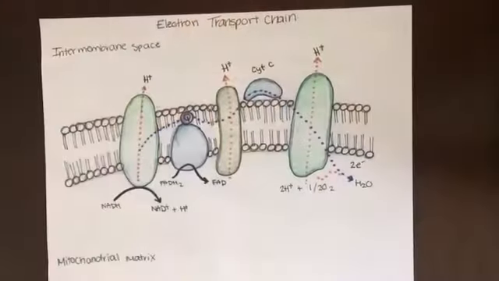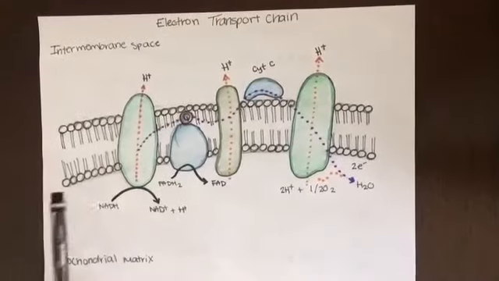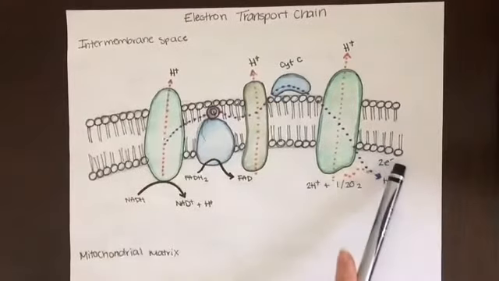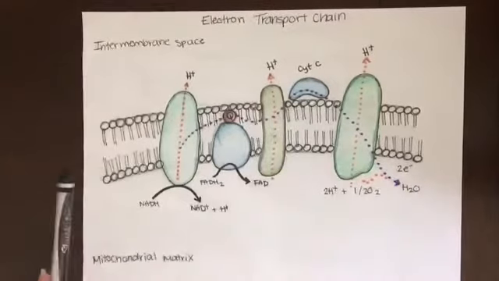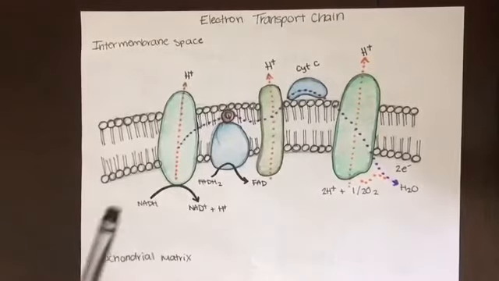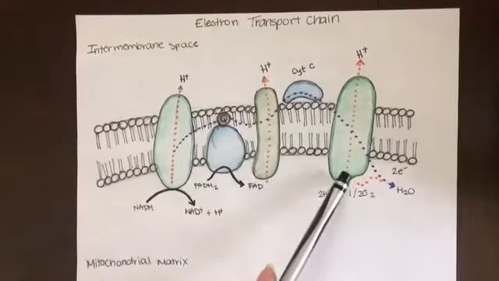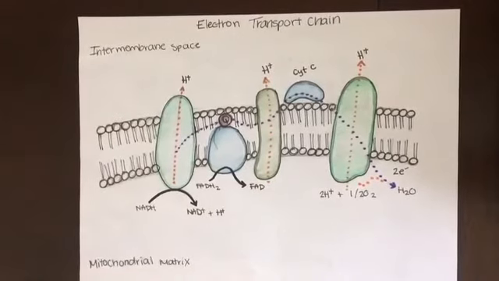Within this process, it passes electrons through membrane proteins and takes energy to produce ATP molecules. Similar to the thylakoid membrane, the intermembrane space and mitochondrial matrix are separated by a phospholipid bilayer, which has multiple proteins layered within it.